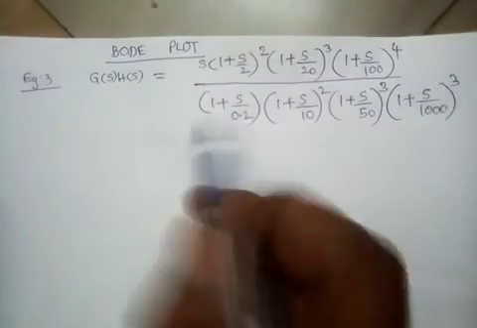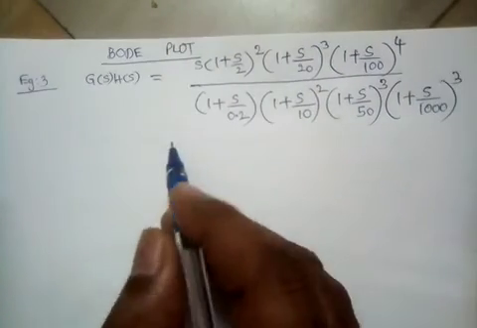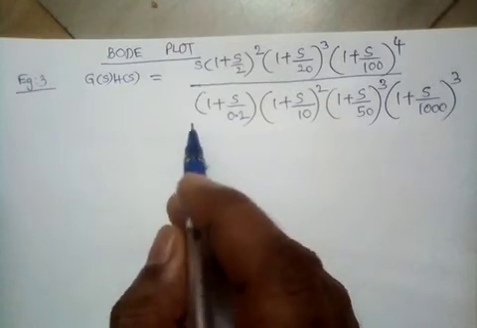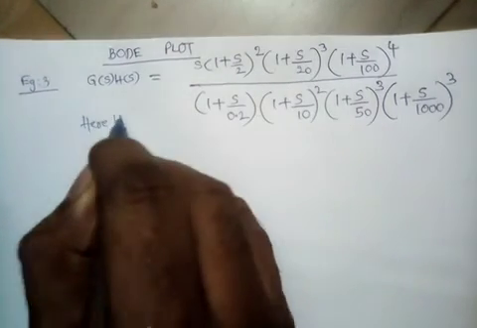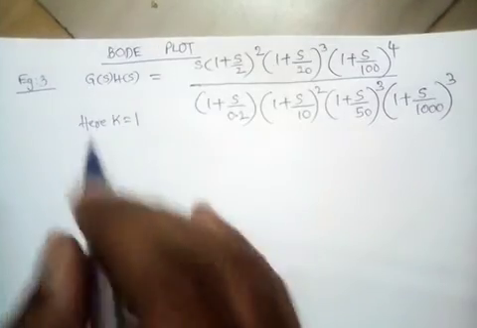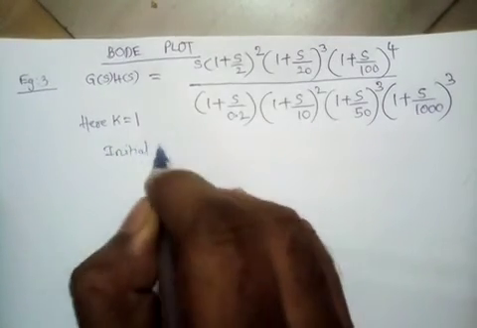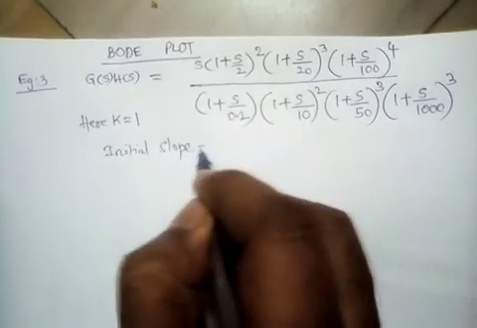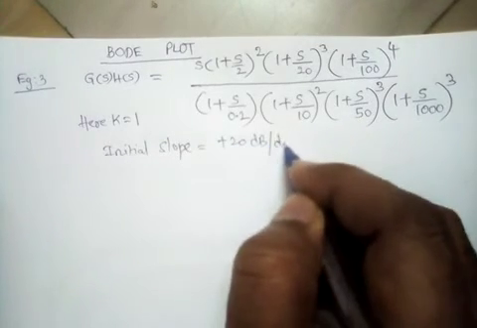This is the open loop transfer function given. We'll construct the Bode plot for this one. Here k is equal to 1. Initial slope will be 20 dB per decade.